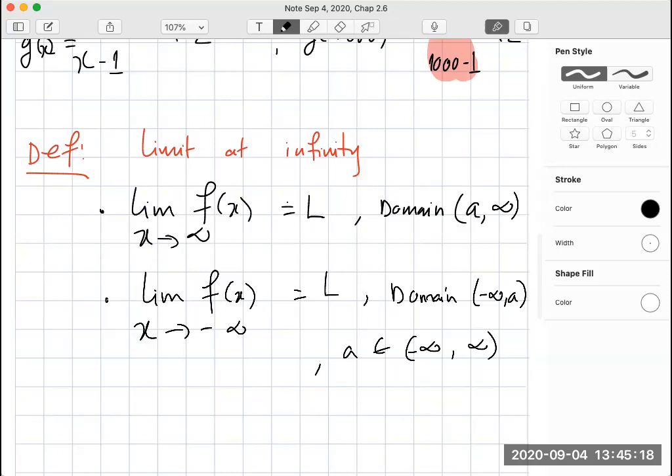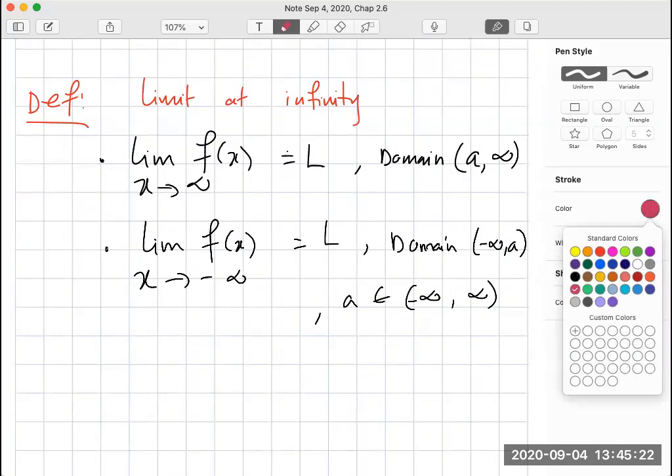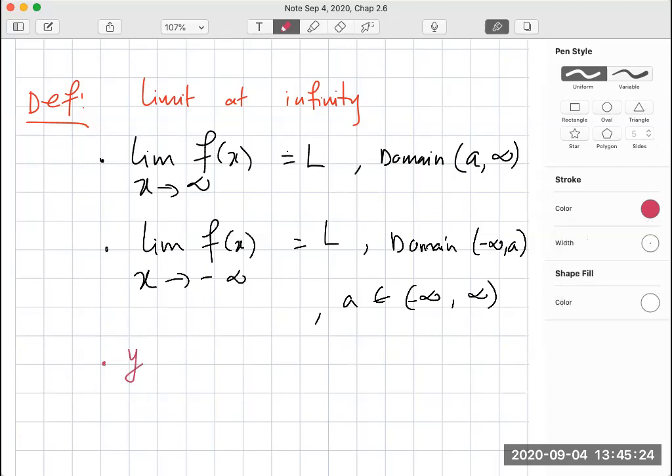And we call the line y equal to L a horizontal asymptote of the function. From this definition, how many horizontal asymptotes, at most, do we have?